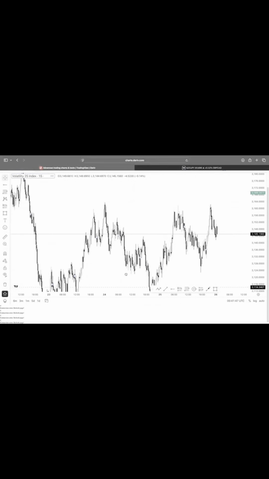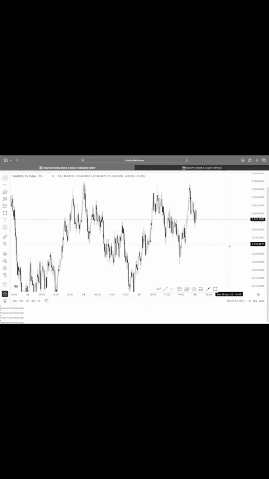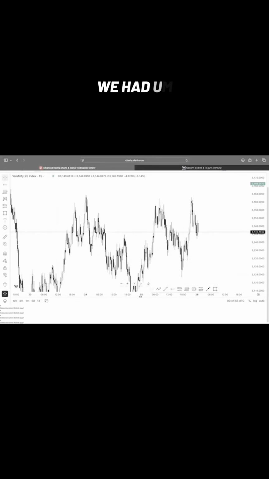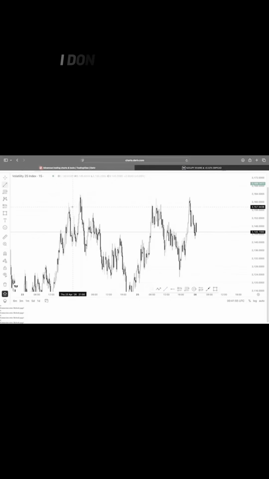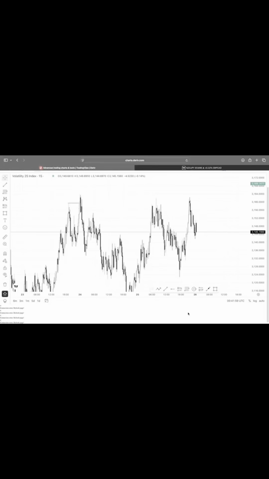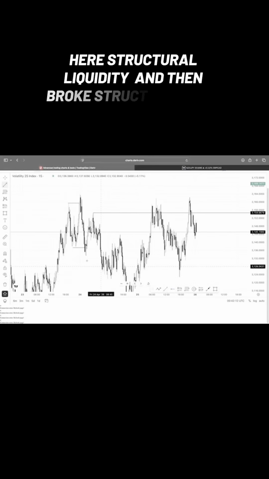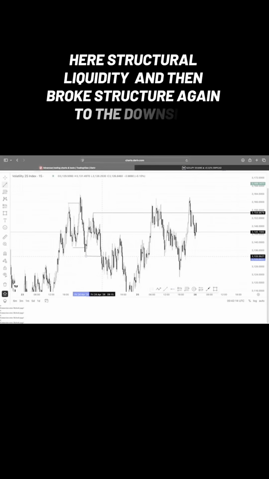I don't know what's wrong with this, but let's use it like that. We had our sweep, break of structure, retracement, structural liquidity, and then broke structure again to the downside.